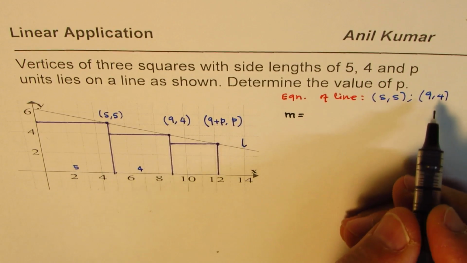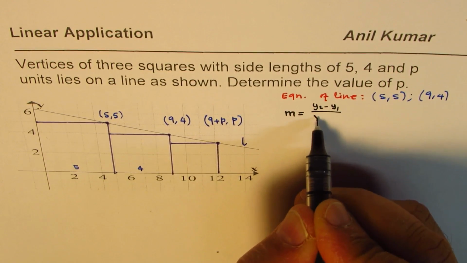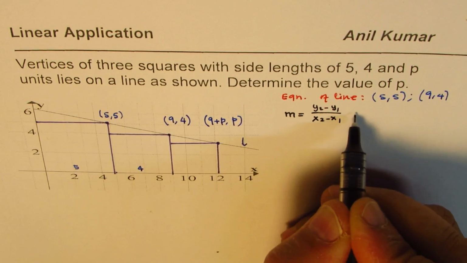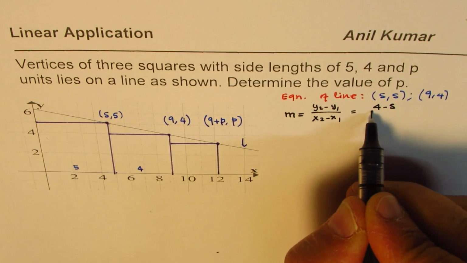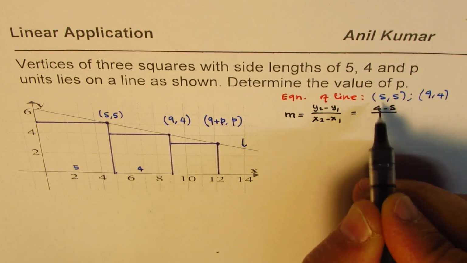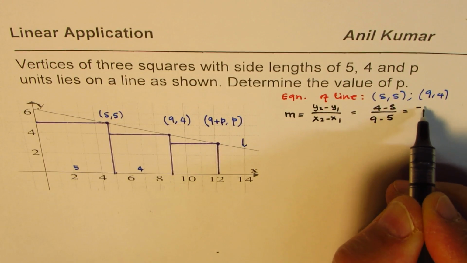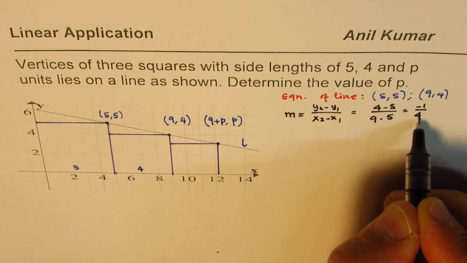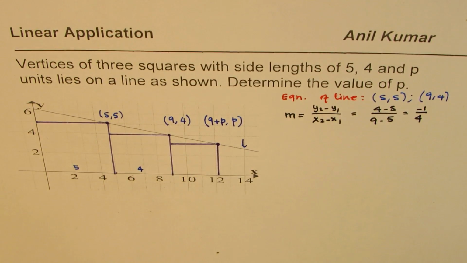Slope of the line is y2 minus y1 divided by x2 minus x1. In our case, 4 minus 5 divided by 9 minus 5, which is minus 1 by 4. Of course the slope is negative, the line is coming down, so it has a negative slope.